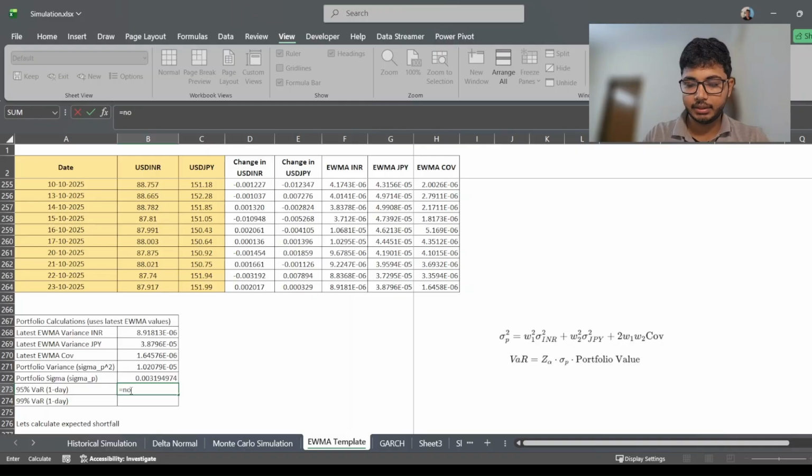Z alpha will be NORM.S.INV of 0.95, since we are calculating for 95 percentage, multiplied by portfolio standard deviation multiplied by the portfolio value, which is equal to 1 million. Okay, we received the VAR and it will be again in dollars.